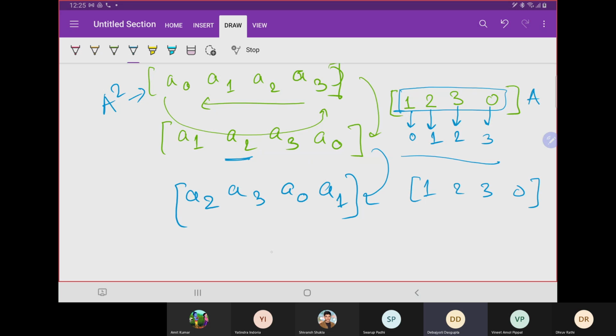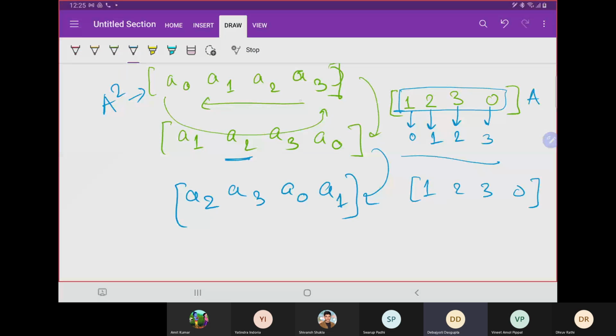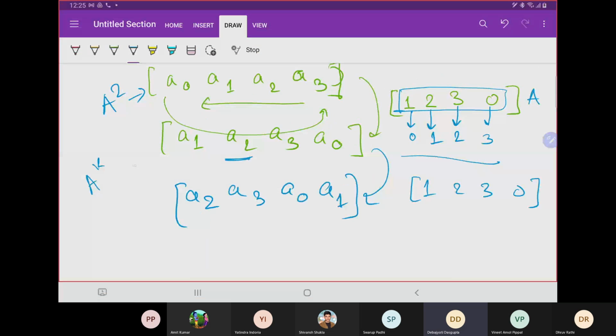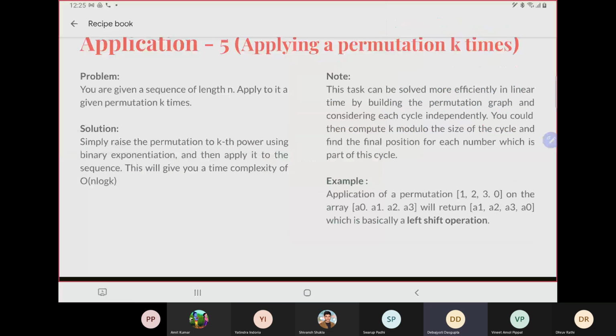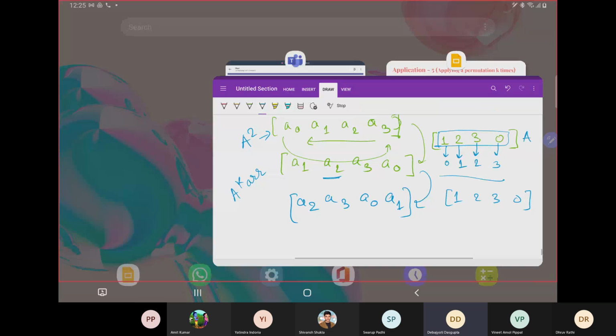If someone asks you to find the array after k left rotations of A0, A1, A2, A3, you basically need to find A of k applied to your original array.